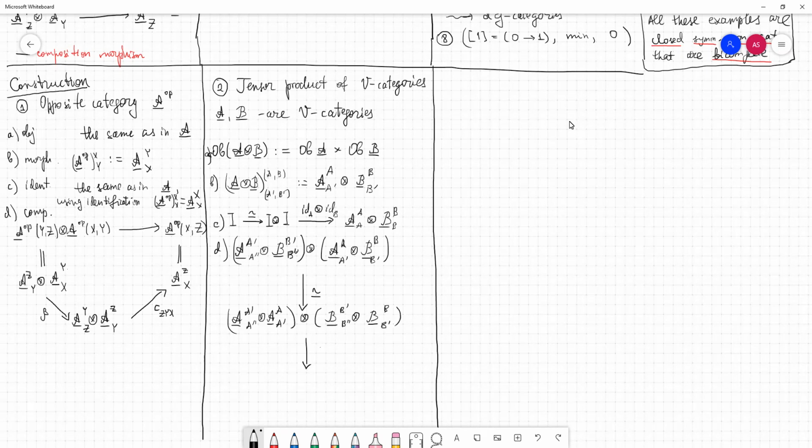And then here will be composition in A, tensor composition in category B. And we will land in A from A to A double prime, tensor B from B to B double prime. That was required.